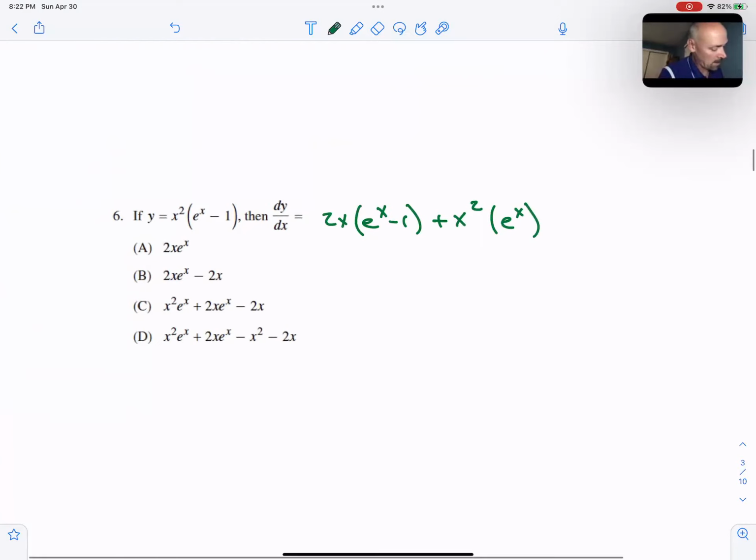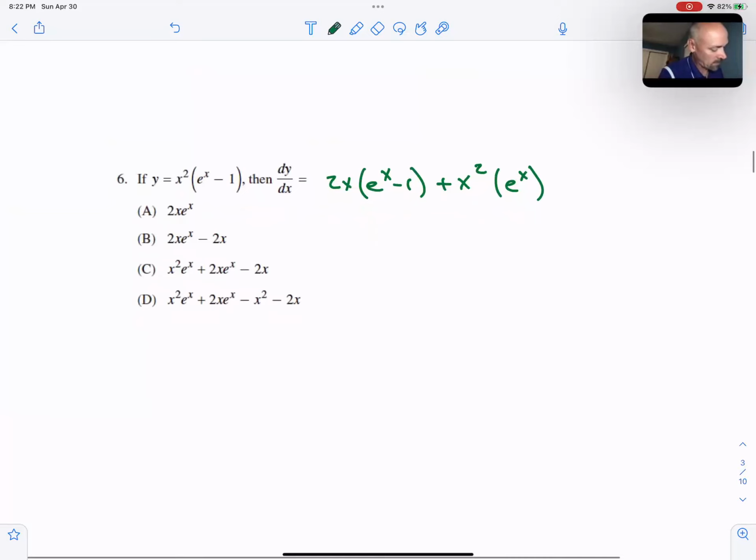Okay. Now it looks like we've got to do a little simplification, a little algebra here. So I'm going to distribute that. So I got 2x e to the x minus 2x plus x squared e to the x. So now I'm seeing if I can combine anything.